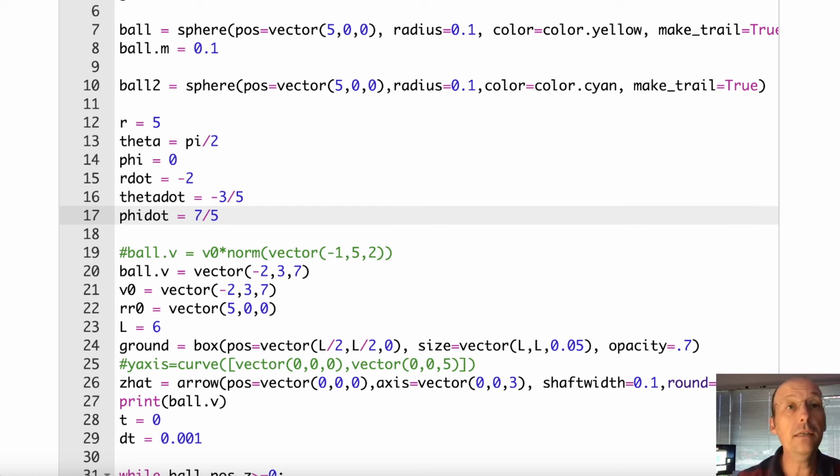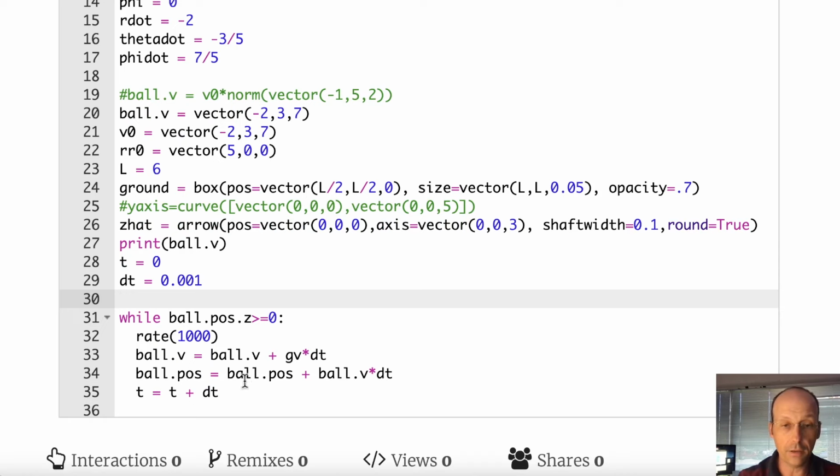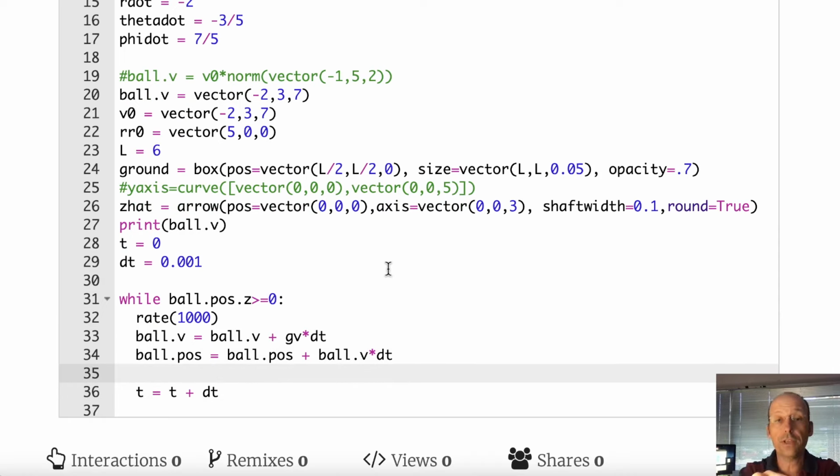Okay. Now I'm going to go down to my loop, and I've already done the position updates for my Cartesian ball. I need to first calculate r double dot. It doesn't have a value before it, so I can just do it once.